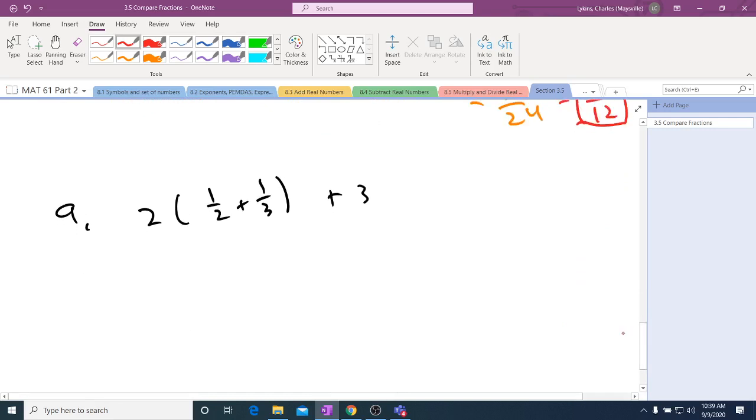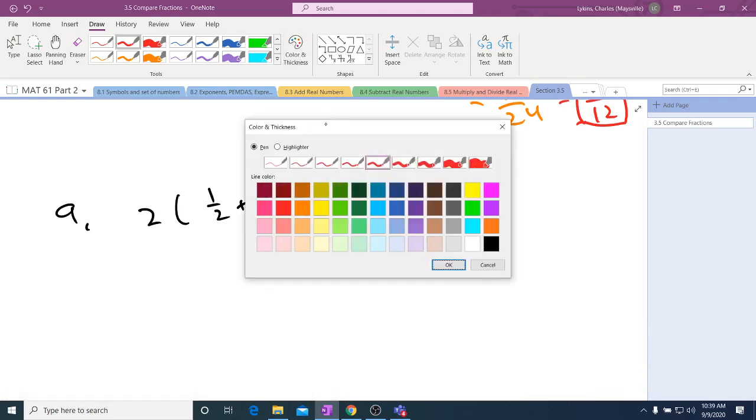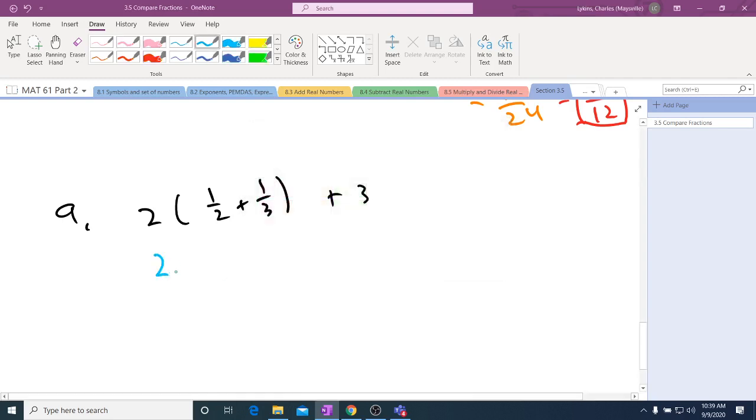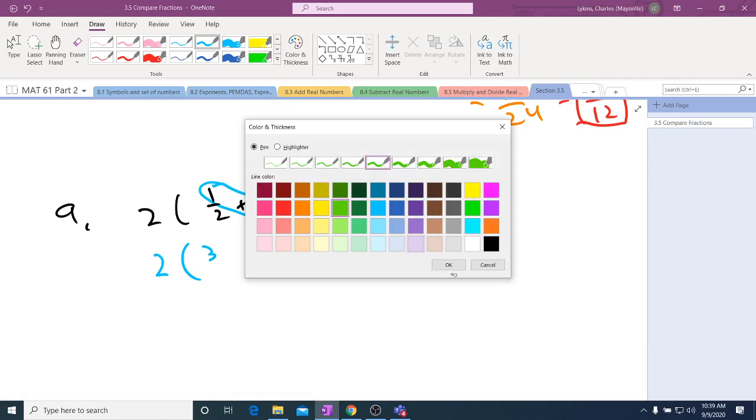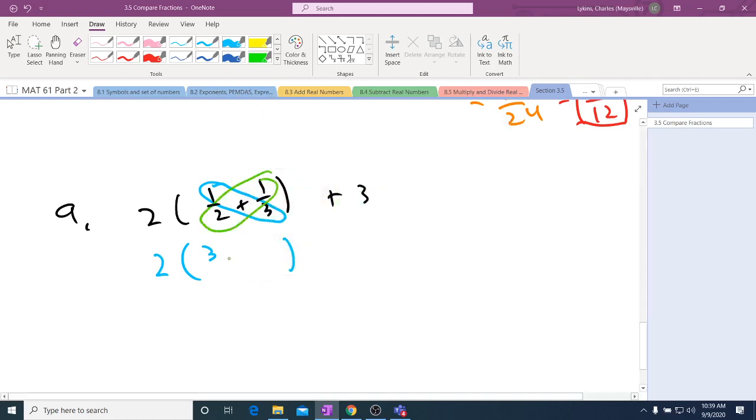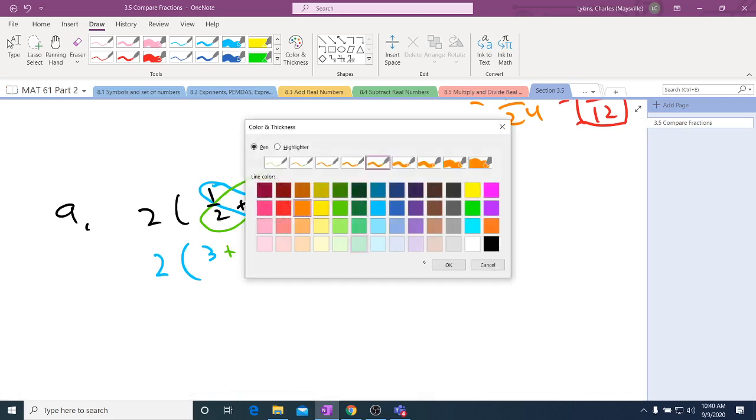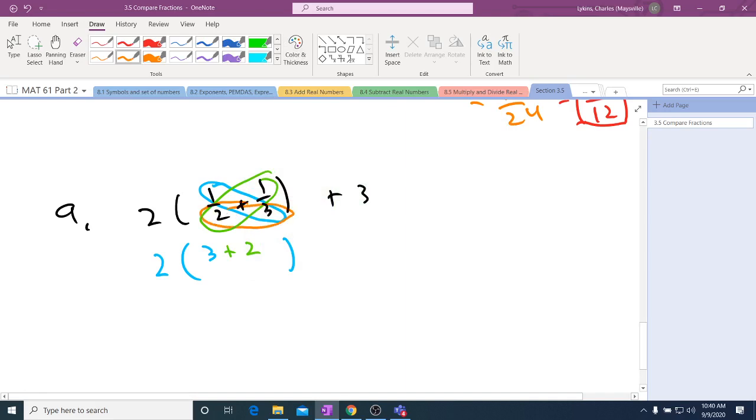Next, I have 2 times, in parentheses, 1/2 plus 1/3, plus 3. So we always do with PEMDAS, we do our parentheses first. So I'm going to say 2, but then what I'm going to do is I'm going to say, okay, 1 times 3 is 3, plus 2 times 1 is 2. Then I'm going to put this over 2 times 3, which is 6.